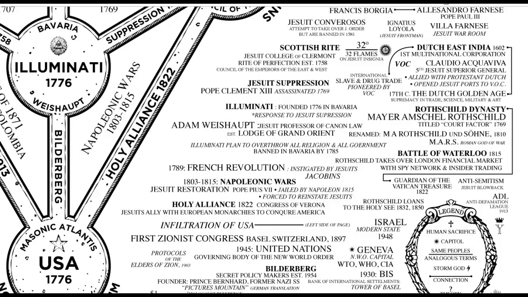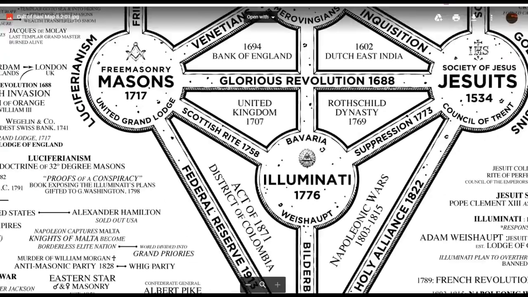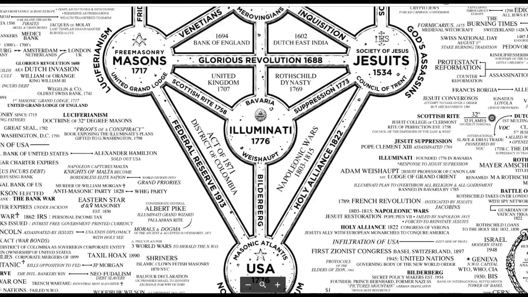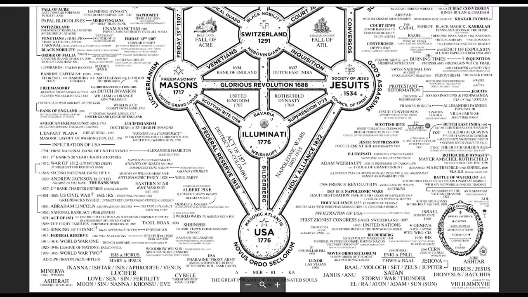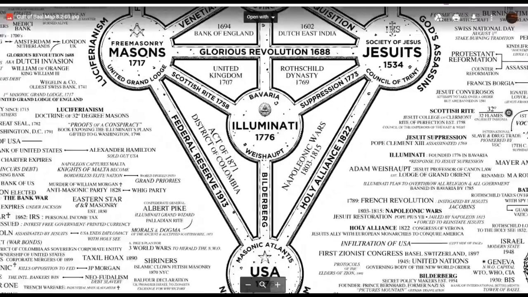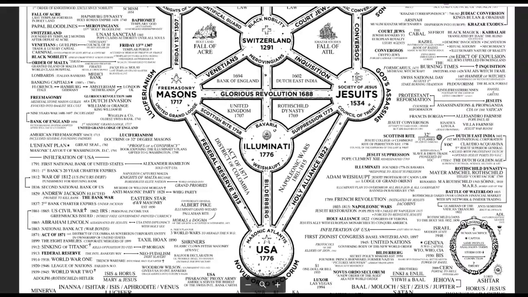And the first thing they do after suppression in 1773 is form the Illuminati in 1776. You can definitely read about the Illuminati on Wikipedia, that this former Jesuit professor of canon law, Adam Weishaupt, is the one who founded the Illuminati.